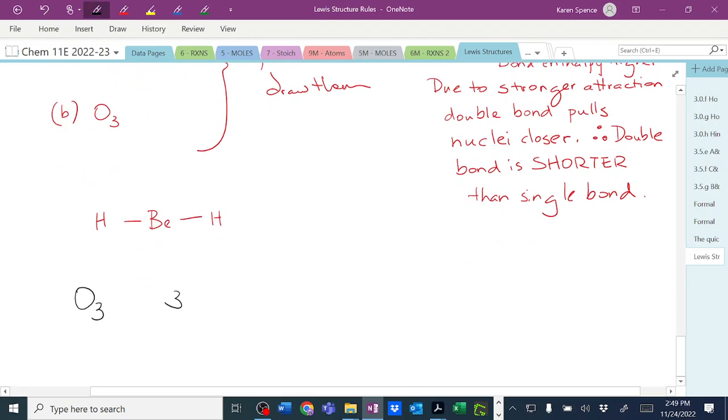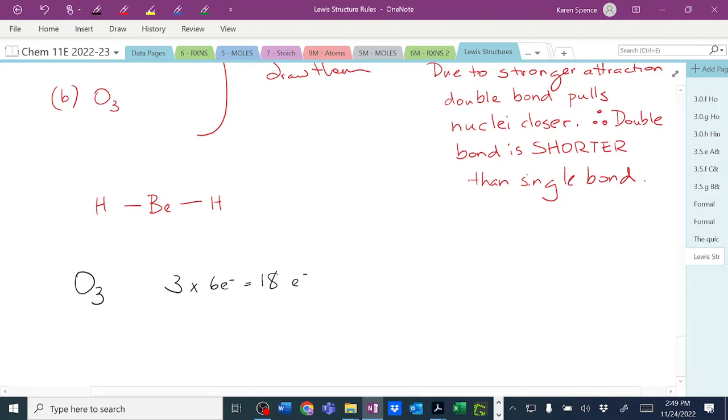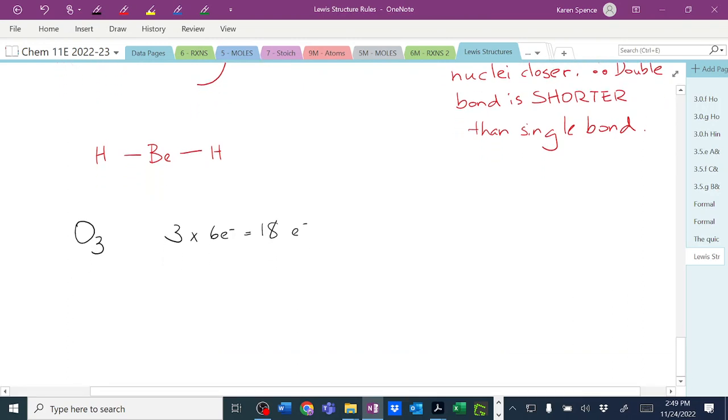O3. Okay, so we've got these, and the easiest way to arrange them is just in a line. So there's our skeleton structure.